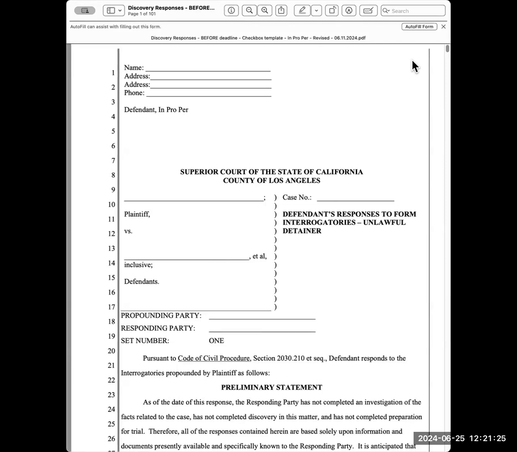If the discovery is sent to you priority or overnight, you get 7 days from the postmark, which turns out to be typically 5 days because of the 2 days that it typically takes for the mail to arrive. So 7 days from the postmark is day 0, and then you count 7 days.